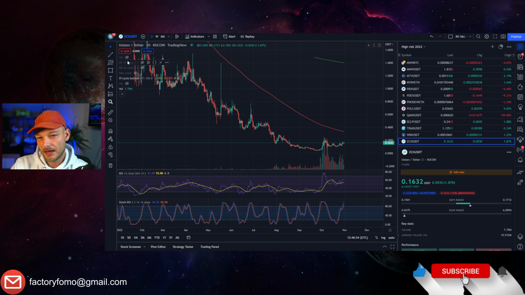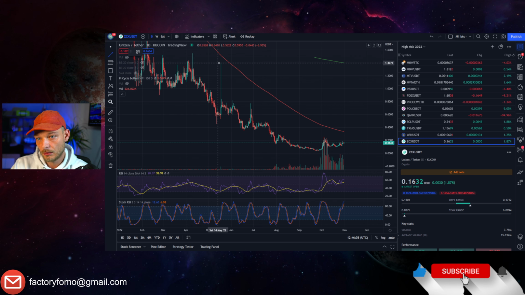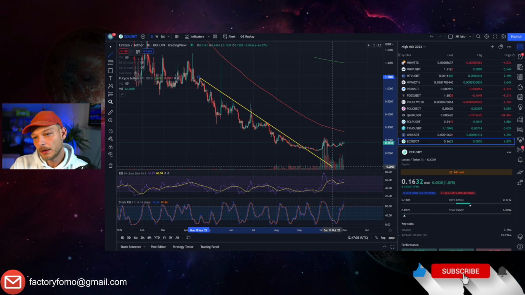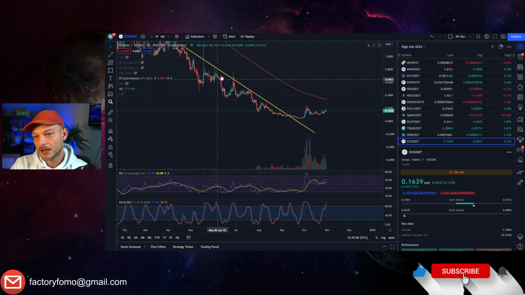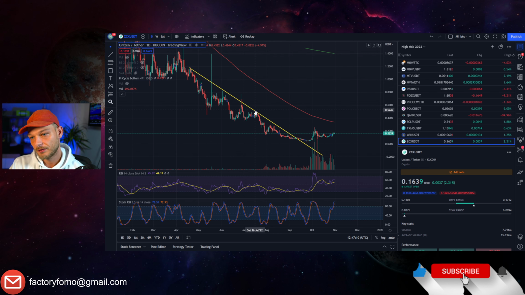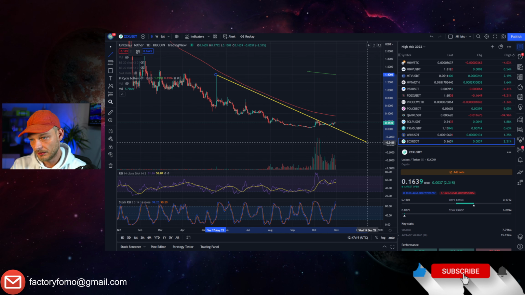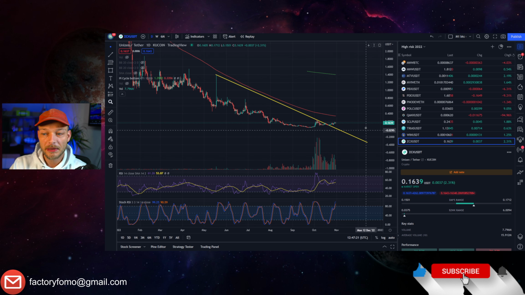Let me take a look if this is even chartable right now. If you want to pull up a diagonal line like this, the more touches it has, the more accurate it is. I can put it like this, but that's completely random.